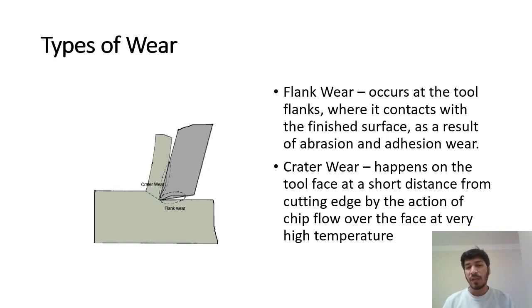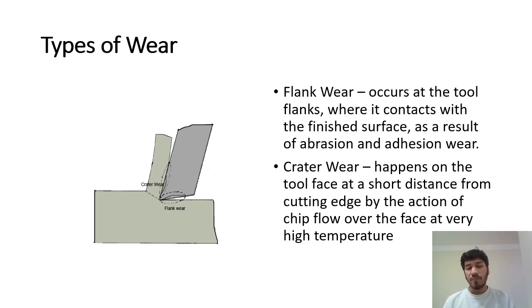So basically we have two very important types of wear, flank wear and crater wear. The flank wear happens on the flank face, and this is due to the abrasion of the flank face with the machined surface. Okay, and the crater wear is on the rake face, as you can see in the image that is shown. And the crater wear happens because of the chips rubbing against the rake face as they are flowing out.